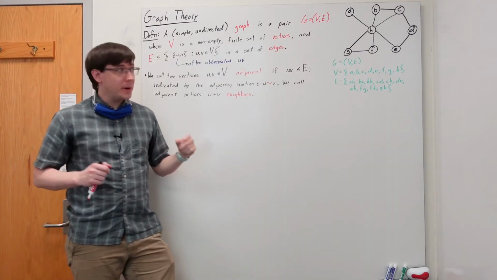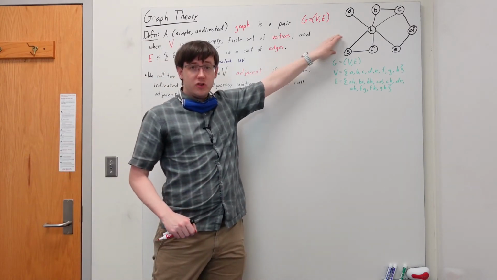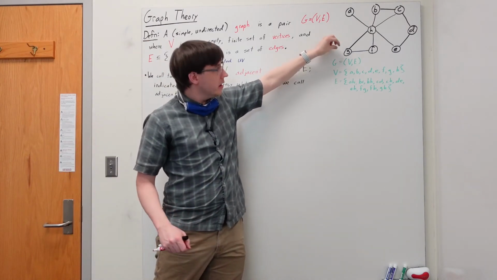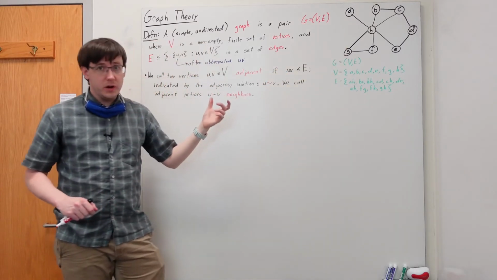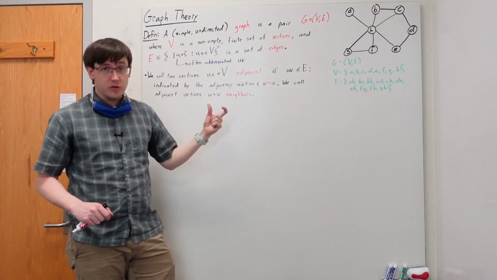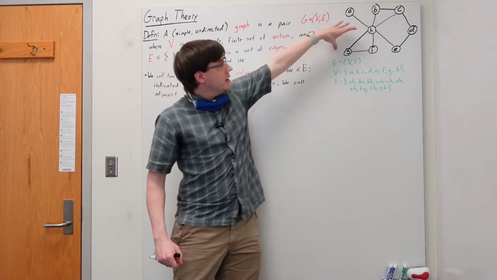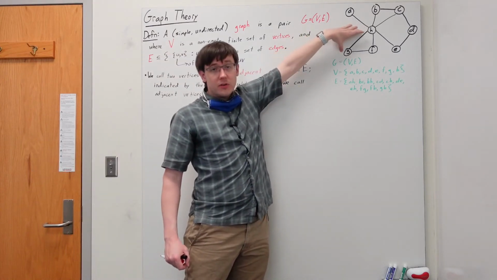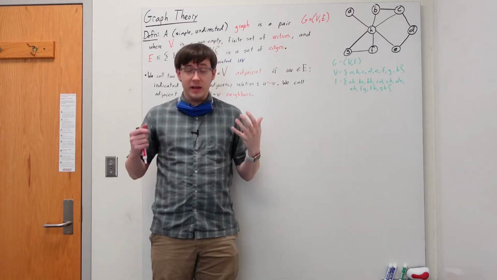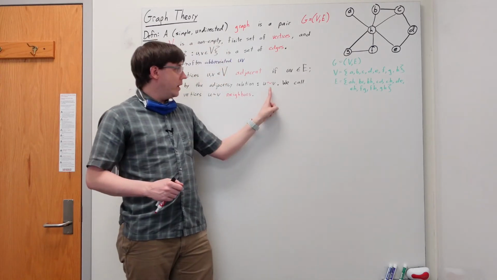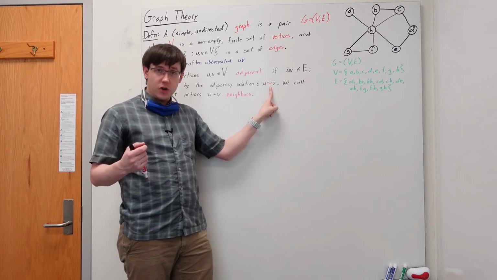Graphs are all about representing relationships between the objects that are vertices, and so we will often want to talk about those relationships, where we say that two vertices are adjacent when there is an edge between them. And we can indicate adjacency with this relation.